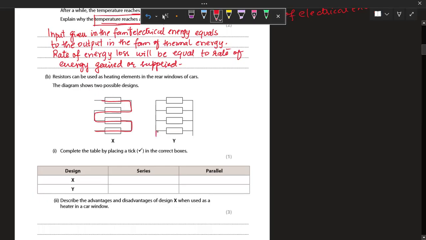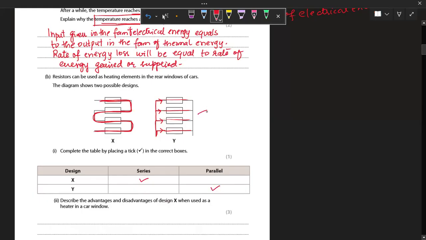And in this circuit, there are multiple paths for the current to split up. The current does not have any other path to split up. So this X is going to be a series one and Y is a parallel one.